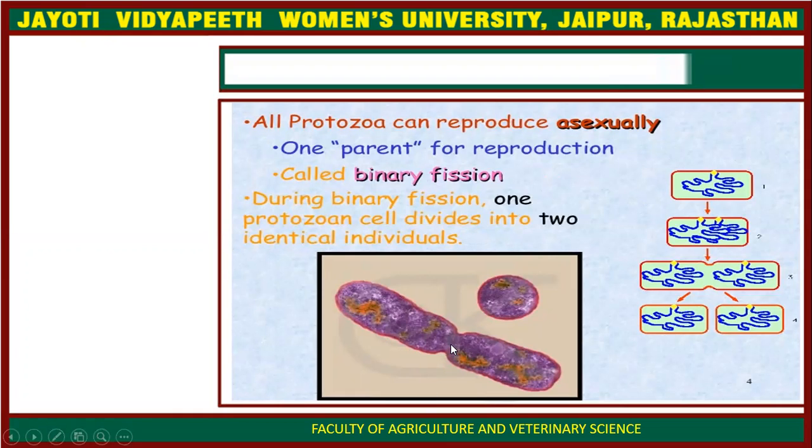In this method, one cell divides to form daughter cells. This generates two cells, in which one protozoan cell divides into two identical individuals. The protozoan cell will increase in size, and after increasing in size, it will divide into two equal-sized cells.